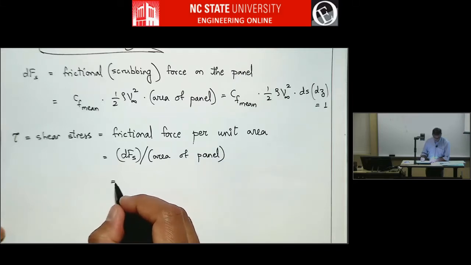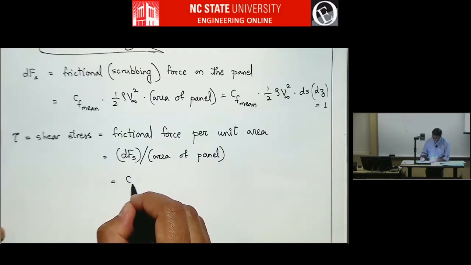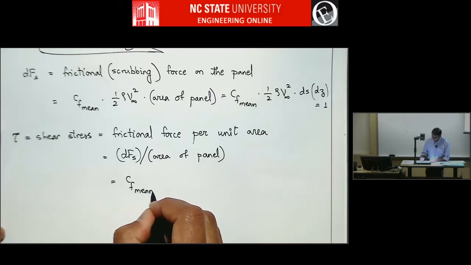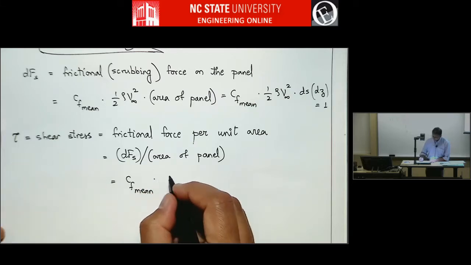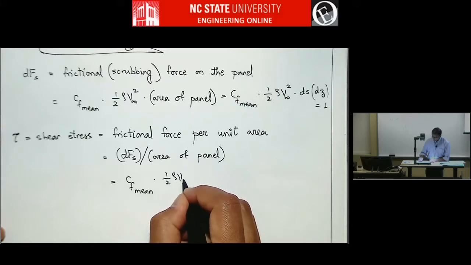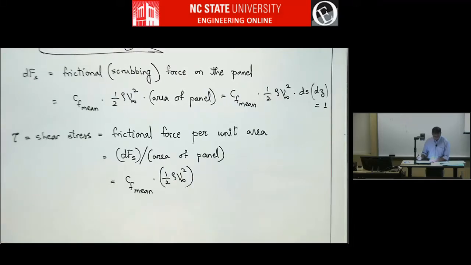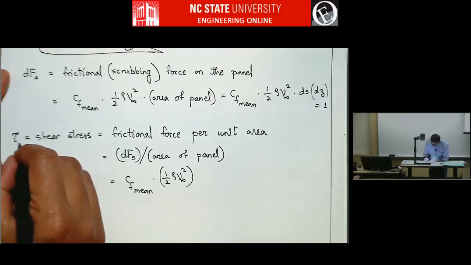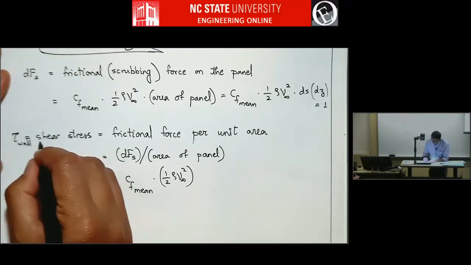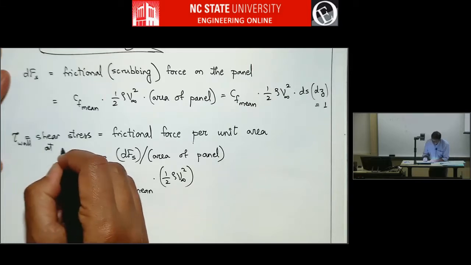So tau is simply CF mean. For this panel, the tau is CF mean times half rho V infinity squared. This is the tau at the wall. So this is shear stress at the wall.